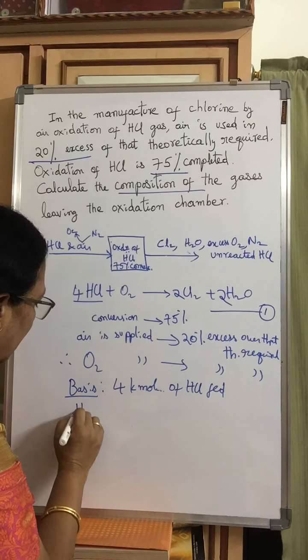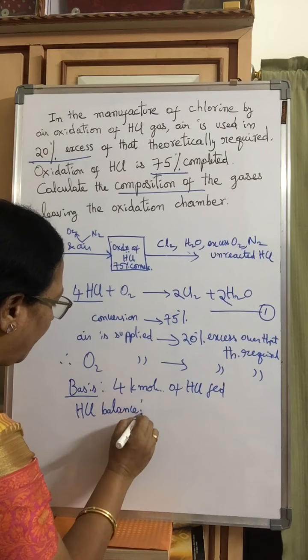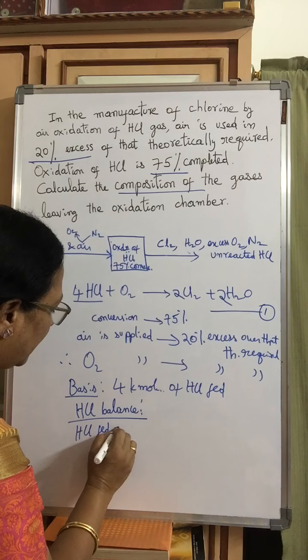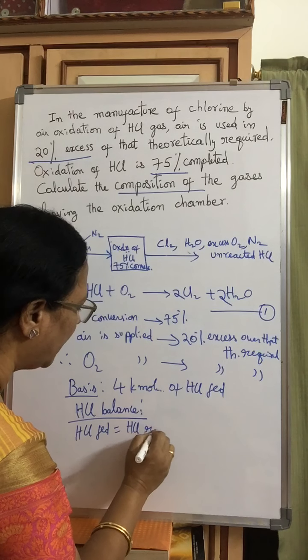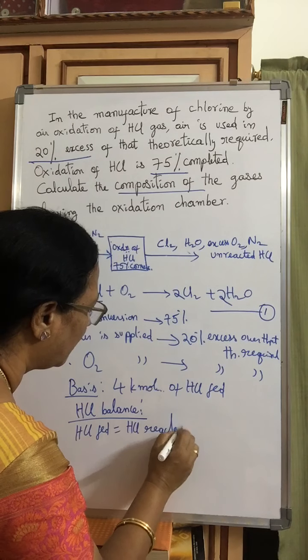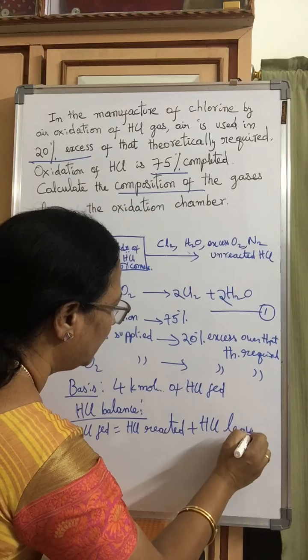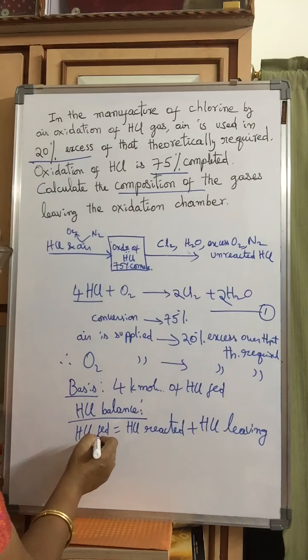First, take the HCl balance. HCl fed is equal to HCl reacted plus HCl leaving. This is the HCl balance. So HCl fed is 4 moles.